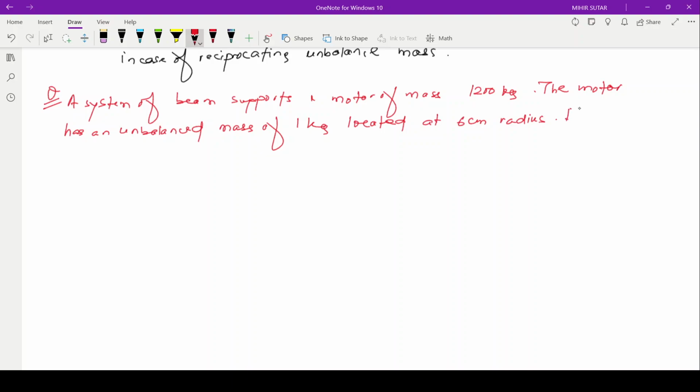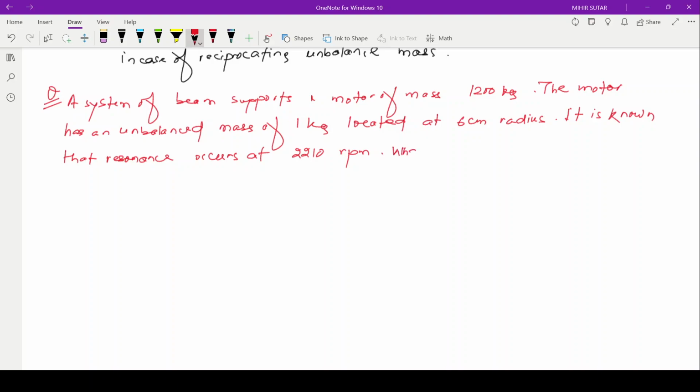It is known that resonance occurs at 2210 RPM.